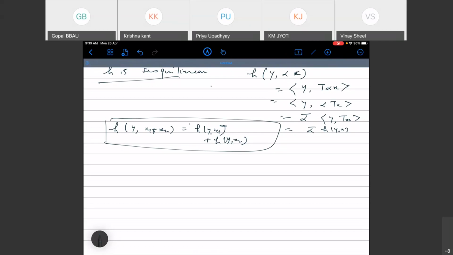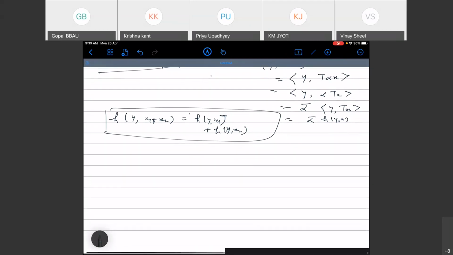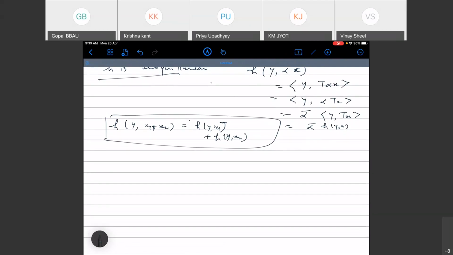We are given that T is bounded, so it will give us that h is bounded. And why so? Because |h(y, x)| is the same as |⟨y, Tx⟩|, and use Cauchy-Schwarz here.